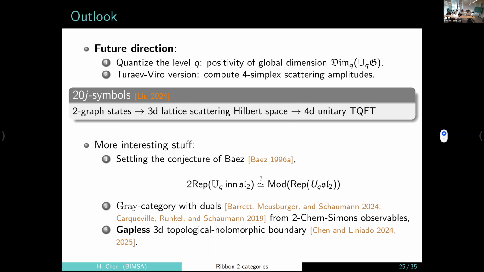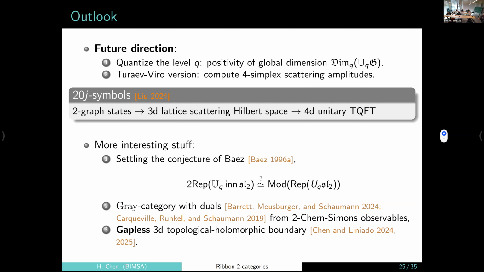But okay, so to summarize, there's some outlook for what we want to do, and one of them is indeed the quantization of the level, which is apparently somehow related to positivity of the global dimension. This is a statement I learned, in the categorical case, I should say, from the paper by Alekseev, Grosse and Schomerus, in which they did combinatorial quantization of Chern-Simons theory.